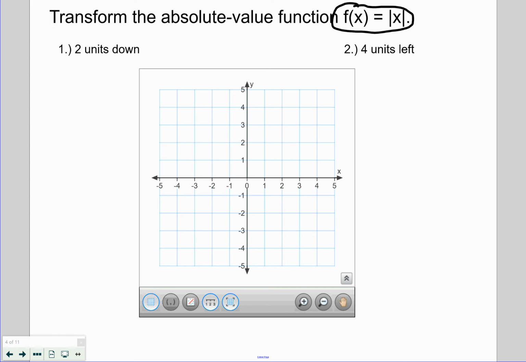So I'm going to graph the parent function. Let's plug in some values into this function. Let's use these x values here that are on the x-axis. Let's start with 0. If I plug in 0, so f of 0, what is the absolute value of 0? It's 0. So the ordered pair I'm plotting is 0, 0.